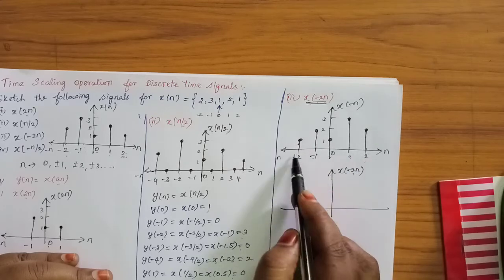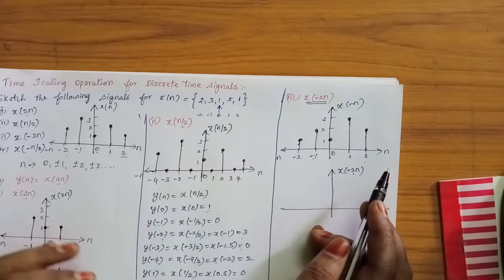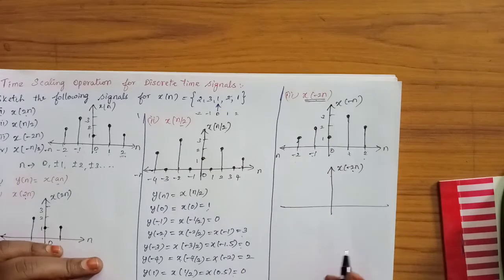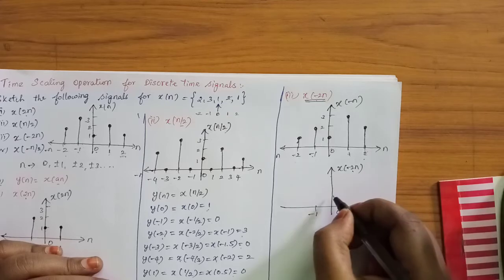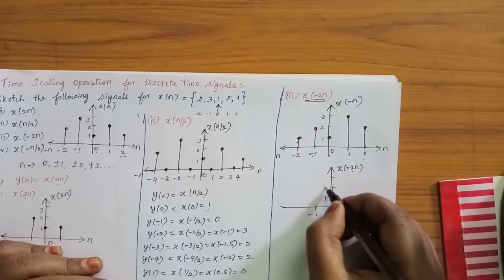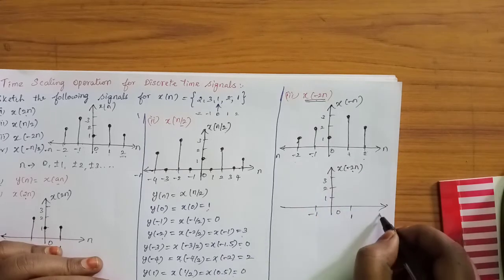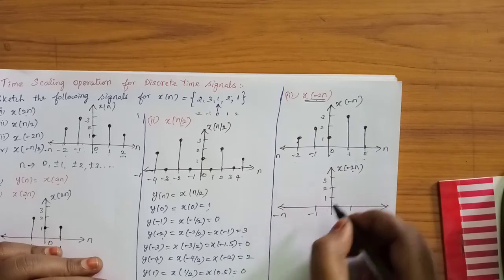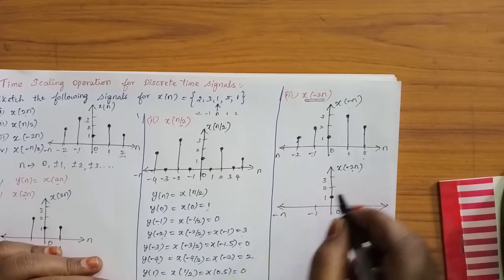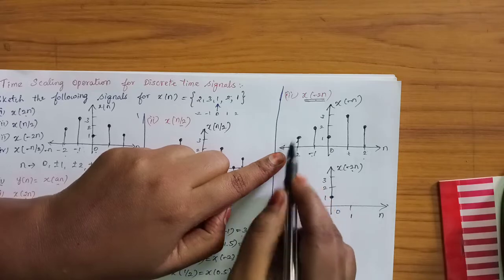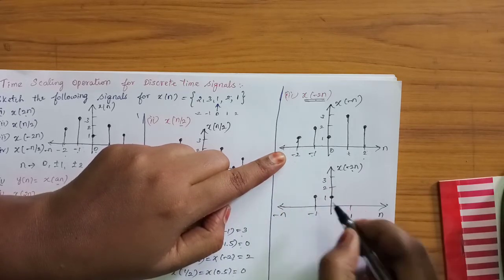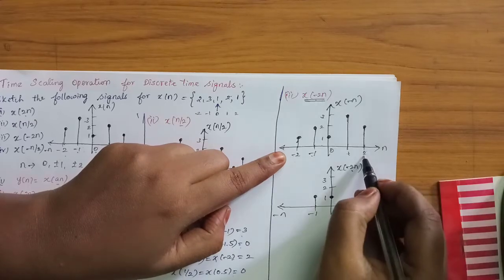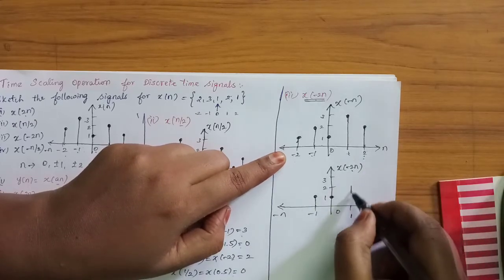So these samples will get moved to minus 1 and 1 positions. Okay, so I will get x of minus 2n like this. At 0 its value is 1. At minus 1, this sample will get moved to minus 1 position, so this value is 1, and at n equal to 1 it's 2.